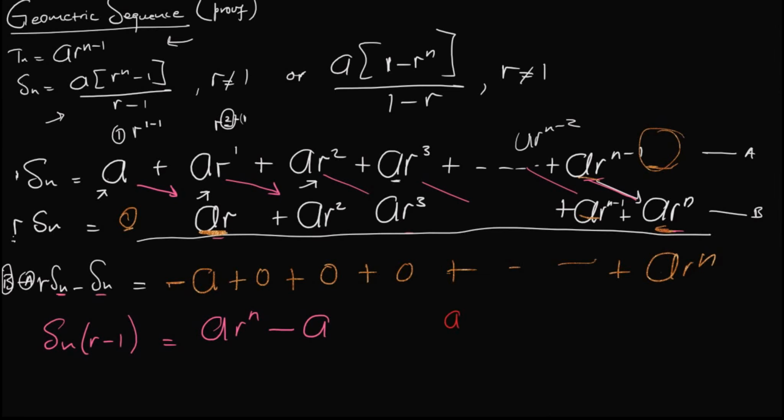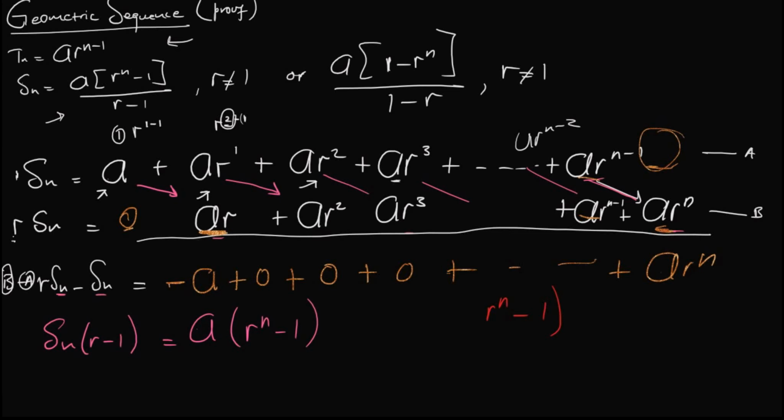So you have A into Rn, then minus 1. So I'm going to remove this and rewrite it as that. We have A into Rn minus 1.